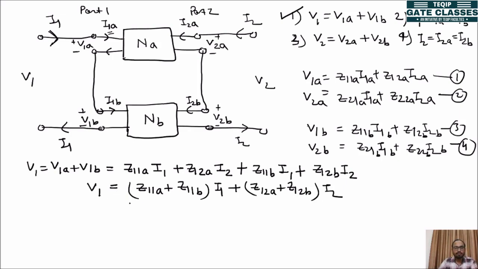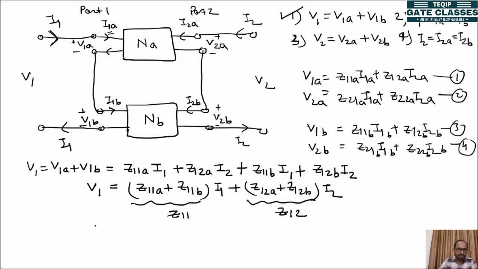Now you can see Z11A plus Z11B is simply the addition of Z11 for both the networks. And here also Z12A plus Z12B is simply the addition of Z12 for both the networks. So you are getting V1 as a function of I1 and I2. You can say this is the complete Z11 for the whole network combination, and this is Z12 for the whole network combination.